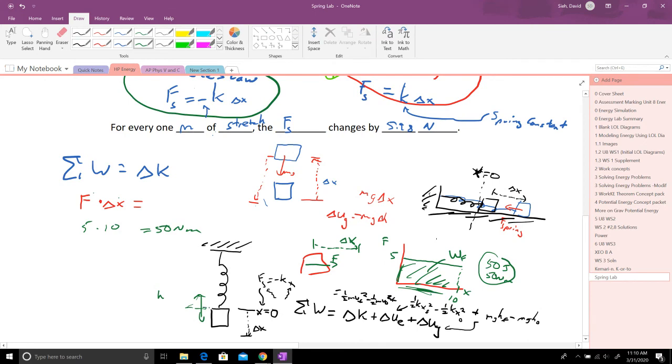So at this spot, we'll also say that's where height is 0 for the block. That way, h and x, instead of being two different variables to solve for, become one variable to deal with instead, and that will make it easier to solve when I have an unknown height. So that is the trick: x equals 0 and h equals 0 at the same height. It will make your life easier.